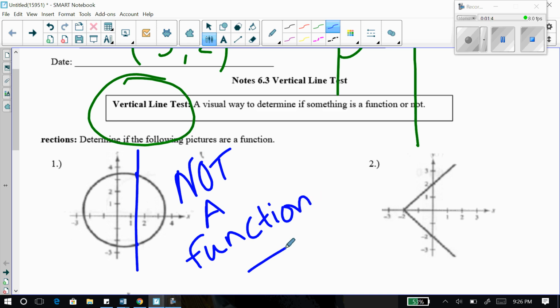Okay, let's look at number two. Is there a way that I can draw a vertical line, a line up and down, so that it hits this graph in more than one spot? Yep, right there, I proved it to you. One, two. So if that's the case, then it is not a function.